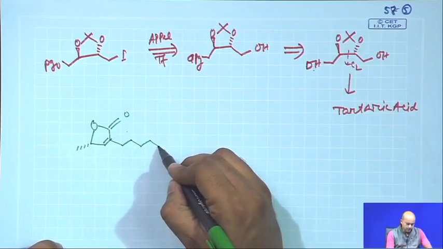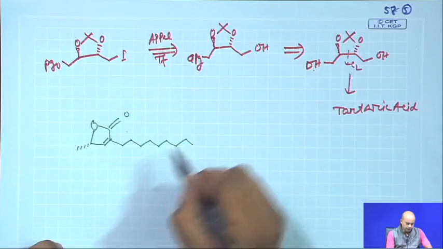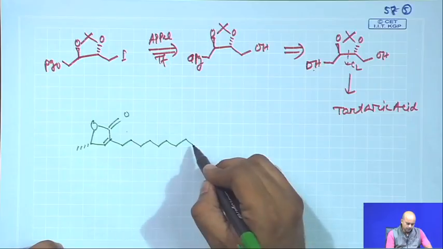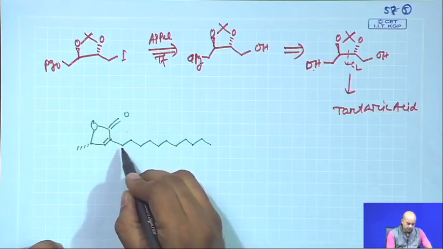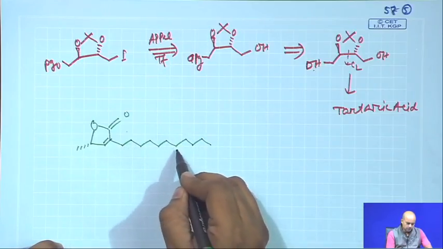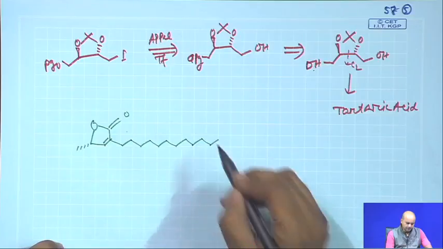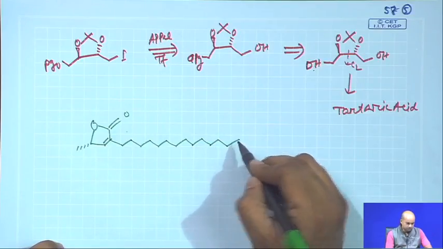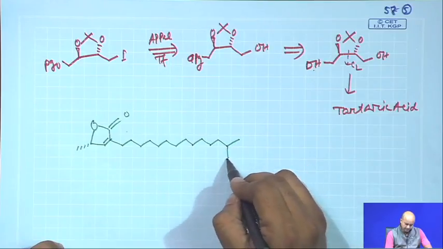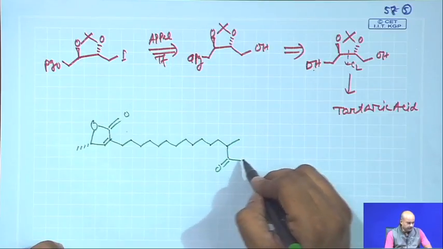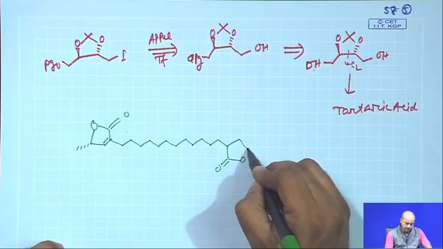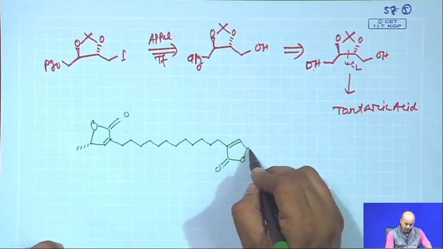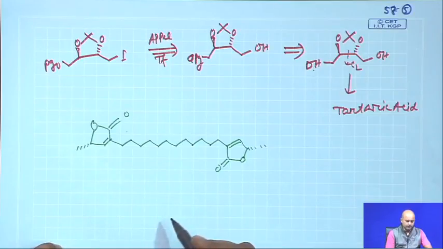There are 12 methylenes in between: 1, 2, 3, 4, 5, 6, 7, 8. So, this compound is basically a kind of dimer where two homochiral halves are joined.